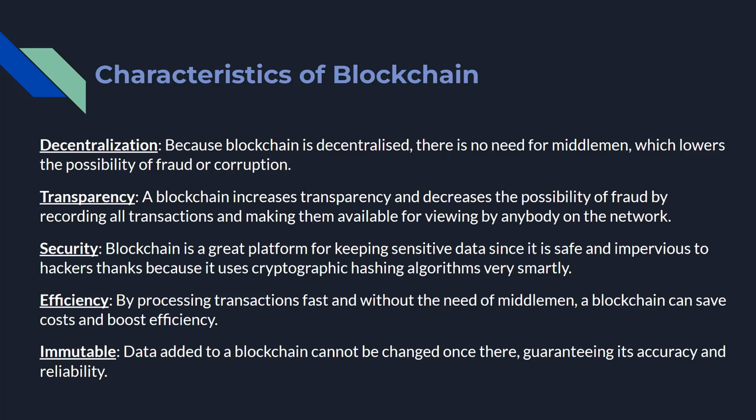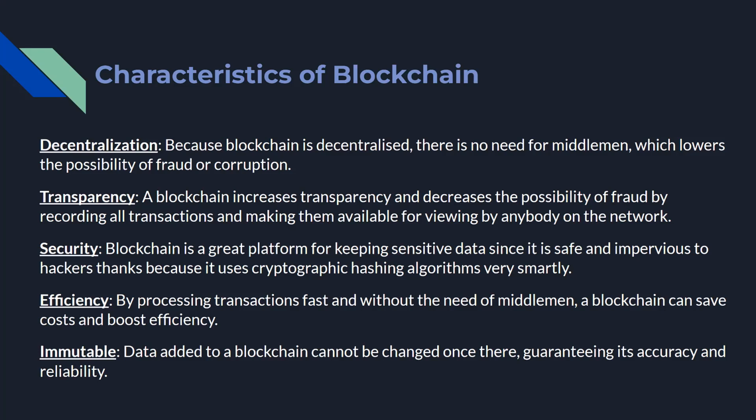Since the ledger is shared between all the nodes, if someone wants to attack and do some fraud or corruption, they need to change the information in the ledgers across the majority of the devices. That is the 51% attack.